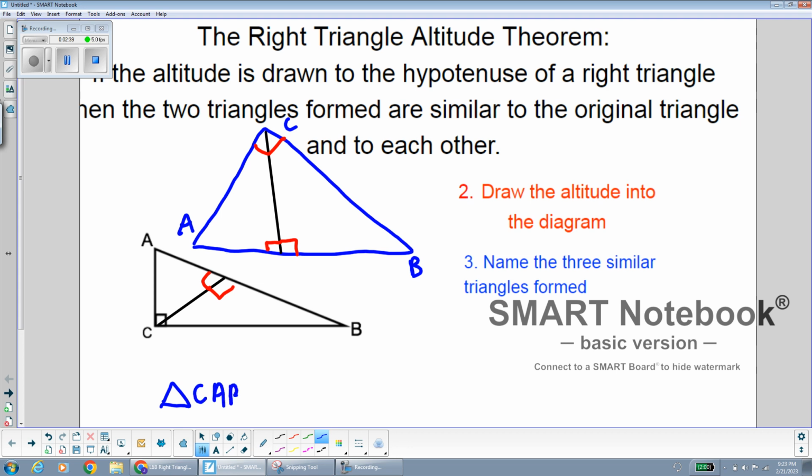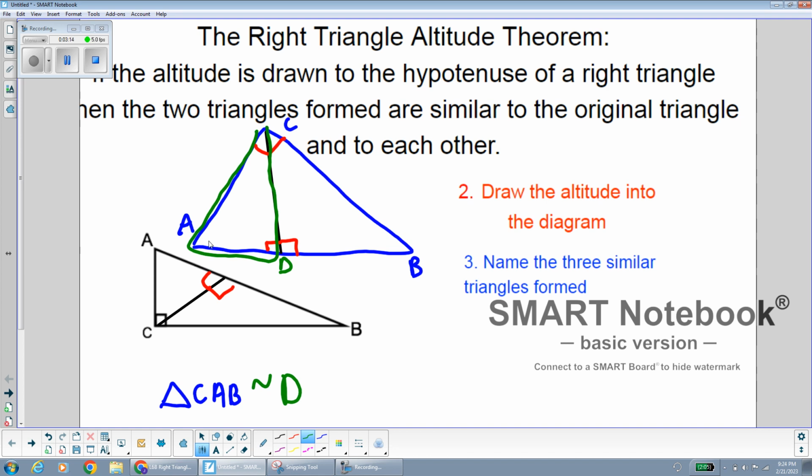Now when I name the smaller right triangle, I want to put the corresponding parts in order. So I started with C, which is where the right angle was in the original right triangle. So I want to start with the right angle in this small green triangle, which would be right over here. So I'm going to label that D. Next, we put A. And if you take a look, A is an angle that's in the big right triangle, but it's also an angle in the small green triangle.